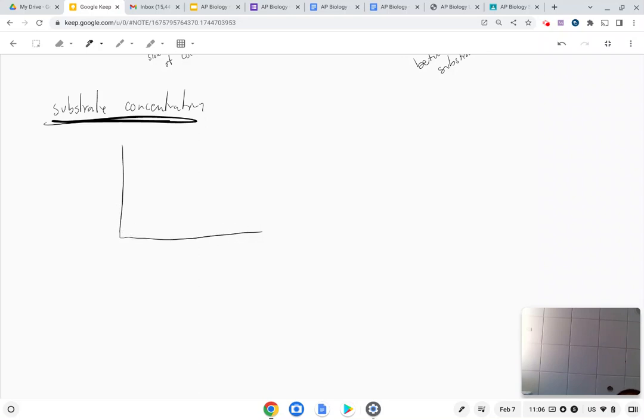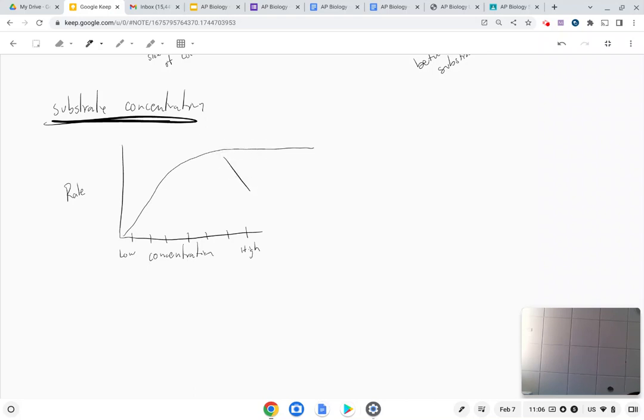Generally speaking, as that concentration increases, so you could test out different concentrations, like low concentrations, really highly concentrated solutions, and as you increase those concentrations, the rate of this reaction will increase, but only up to a certain point.